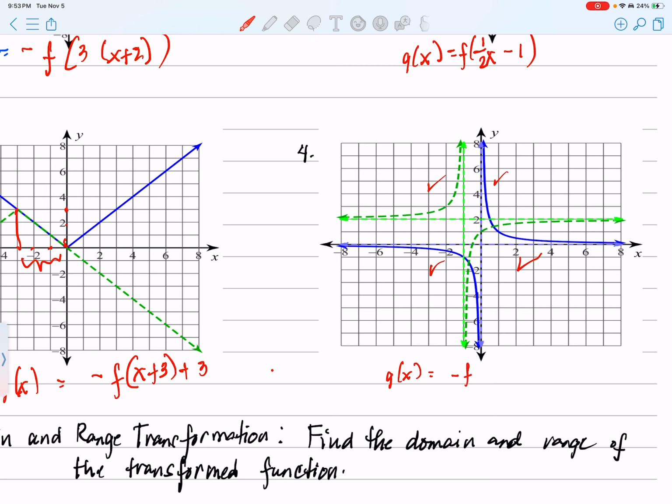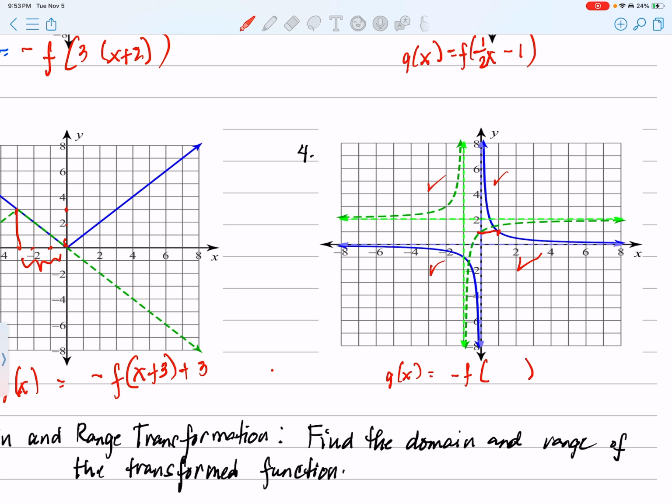Our question is what is going on? Where did it slide? Where is the reflection going on here? It slid 1 unit to the left. Let's say here 1 unit to the left and go down.